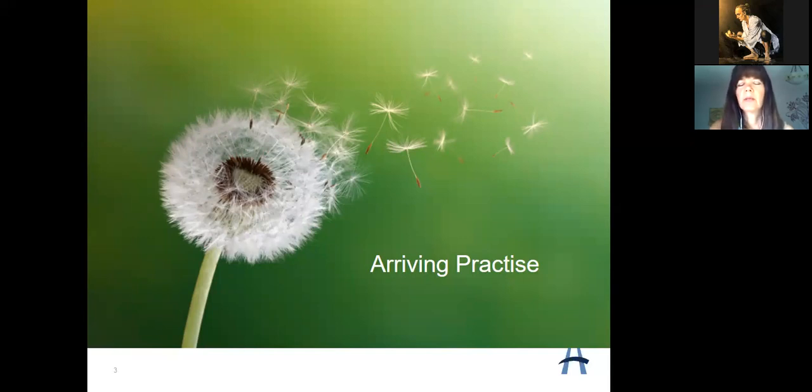Perhaps we want to pay particular focus to the area of the brow or the eyes, the jaw, the shoulders, the hands, the chest and the belly. Typically, we can hold tension in these places.